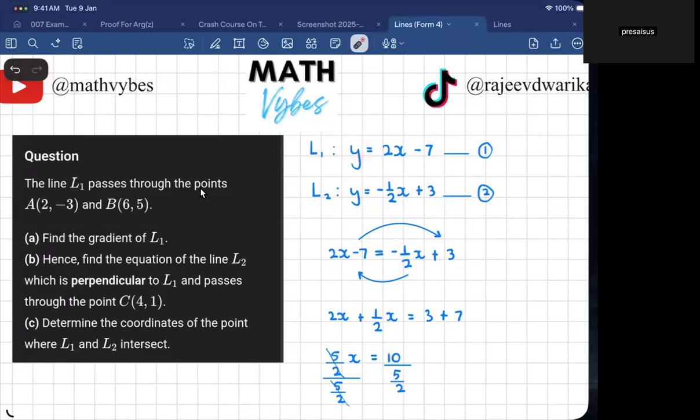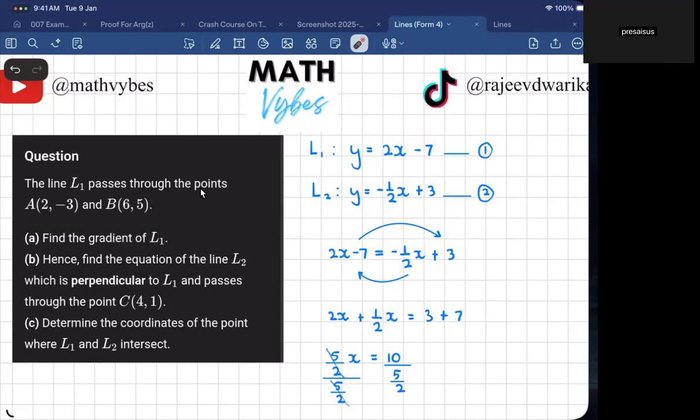Y is also equal to mx plus c. You're not wrong, but in the context of this question, what is y also equal to? Right, so y is equal to 2x minus 7. What is y also equal to? Line 2, sir.